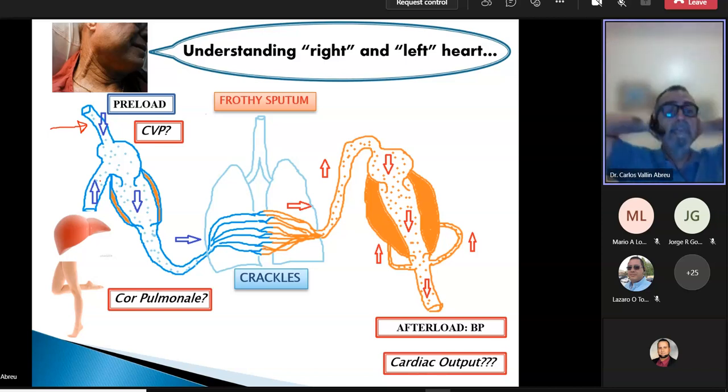That's why they are called central veins, to differentiate them from peripheral veins that are in the extremities. So when we say central venous, we are talking mainly about the vena cava. And which vena cava is more accessible to the doctor with a central catheter? The superior vena cava.